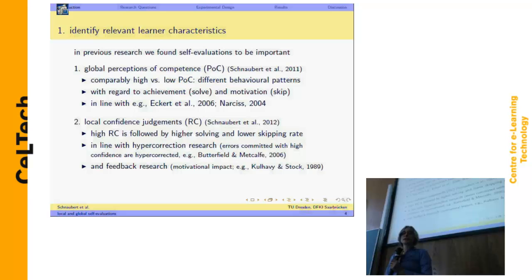And this is in line with the hypercorrection research around Metcalfe. Of course, there are other researchers looking at this also, who found that errors committed with high confidence in their correctness are hypercorrected. And this is also in line with feedback research, for example, who found a motivational impact on the following behavior if there was a high confidence error.